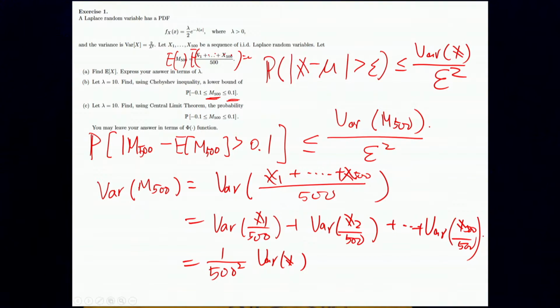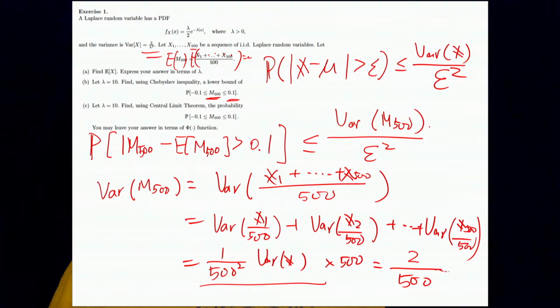Since I have 500 terms, this times 500, it's the variance of X divided by 500 only. The variance of X is here: 2 divided by lambda squared.